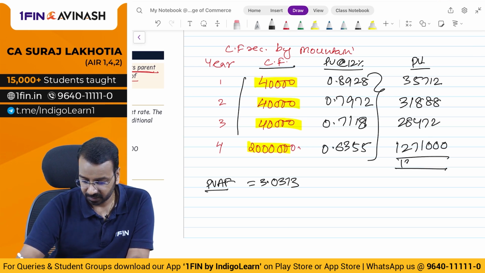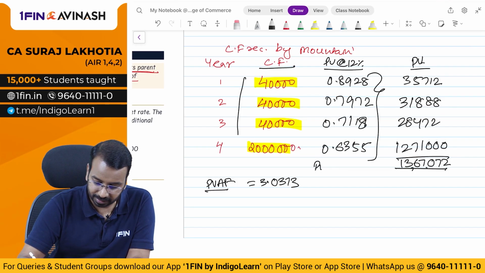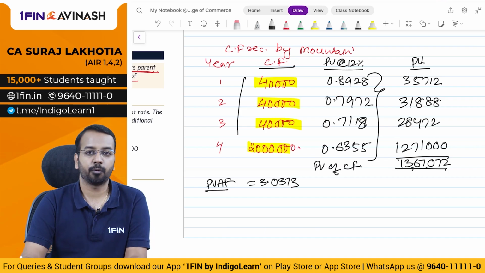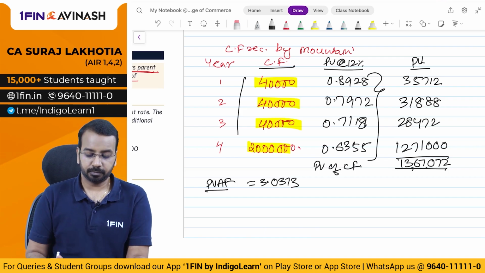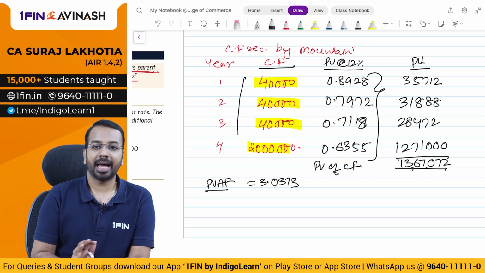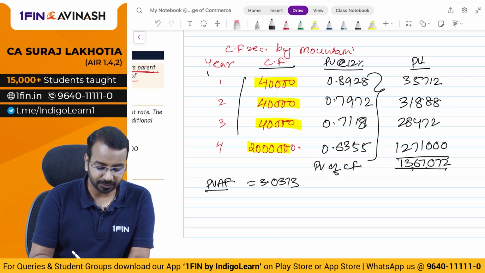13 lakhs 67,072. This is present value of cash flow. Now the company, that is Mountain, has contractual right to receive these cash flows.